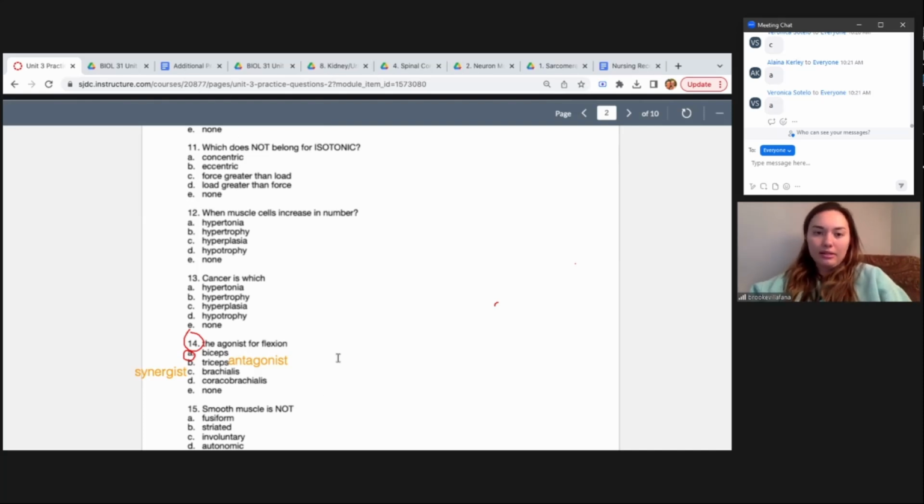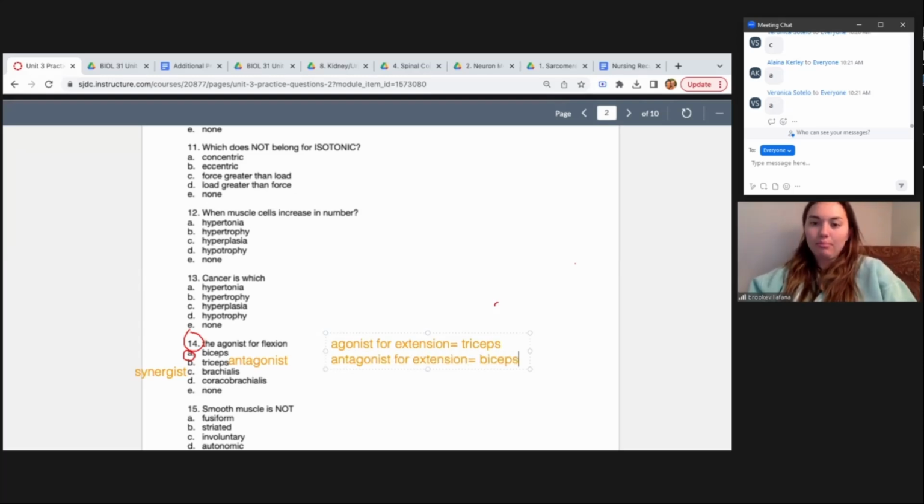This is like an example, meaning we say, okay, what is the agonist for extension? The agonist for extension is the triceps, because remember, if you flip the movement, we would flip everything. So the antagonist for extension is the biceps, and the synergist for extension would just be another part of the triceps, right? Because there's like 3 heads to the triceps. Does that kind of make sense?